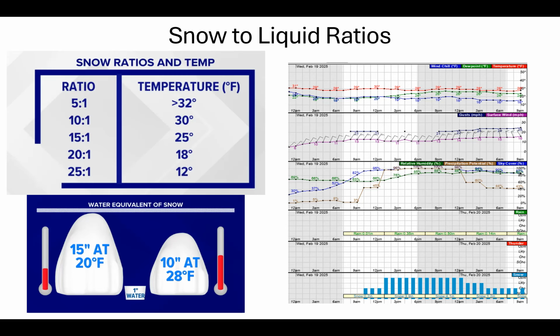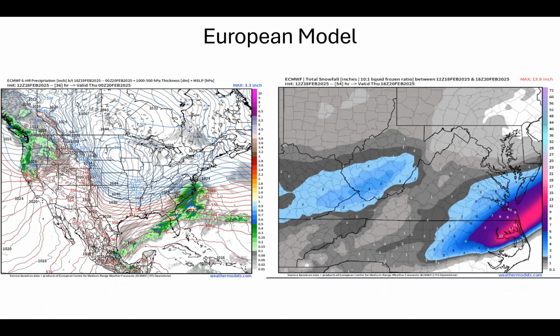Sometimes you can get these very heavy snow rates of 1 to 2 inches per hour, and we have to watch where that sets up. Does it stay south of Hampton Roads into northeast North Carolina tomorrow evening, or is it over Hampton Roads itself? We'll have to see, because that is going to enhance the snow totals for parts of the area.